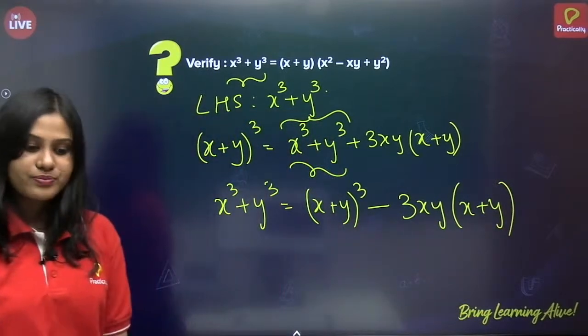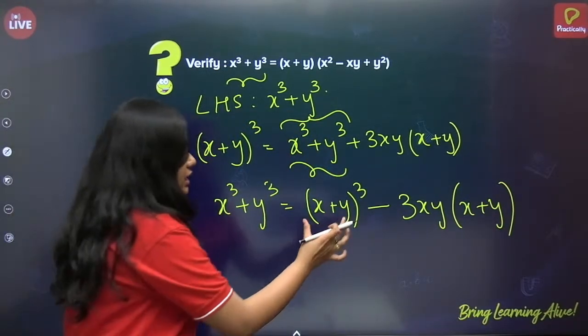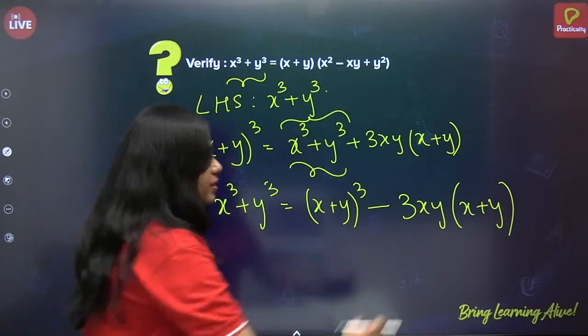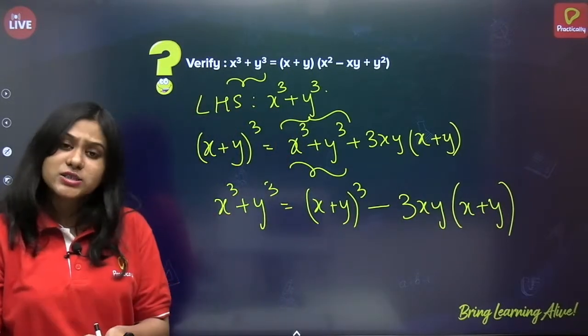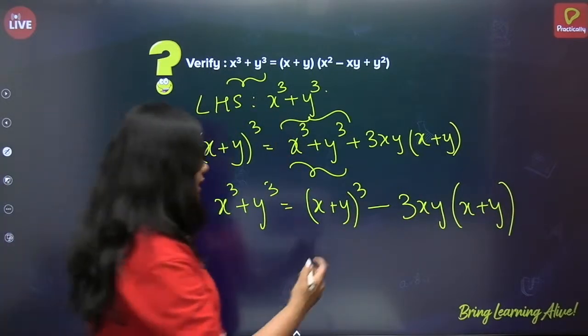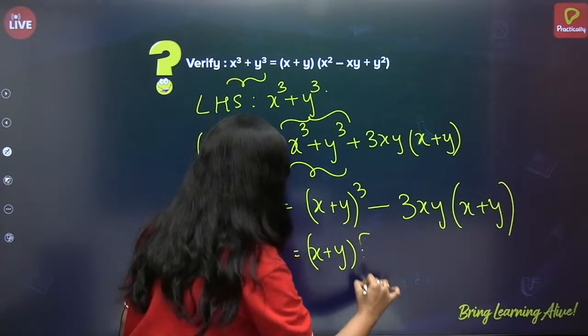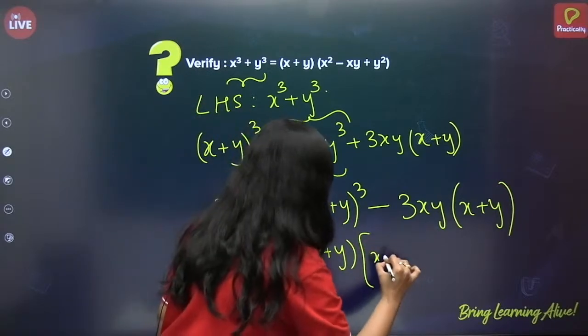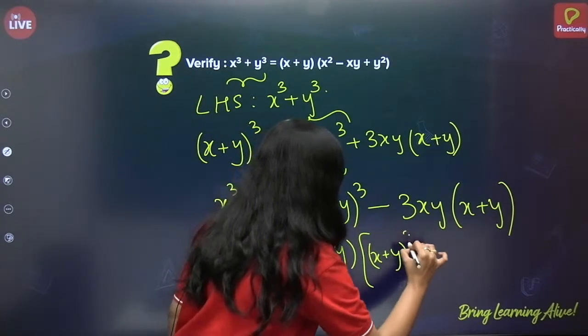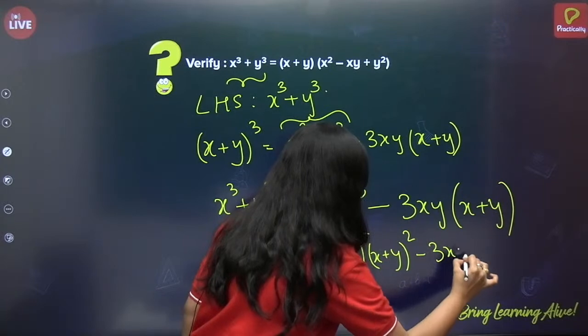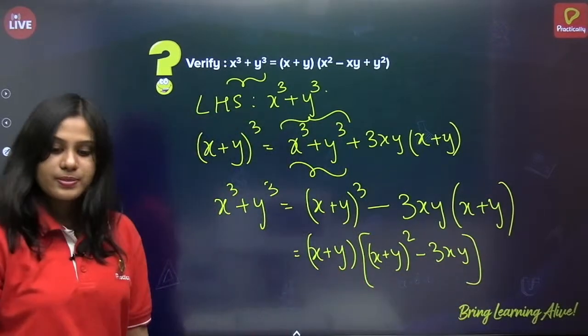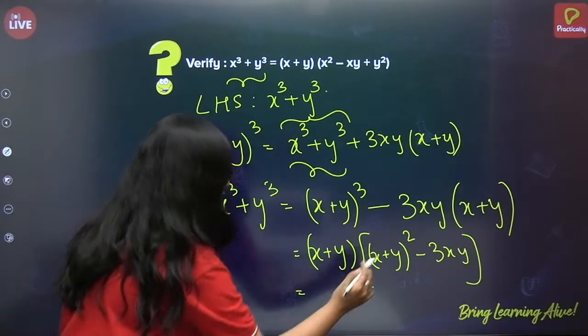Correct? Easy. Here it is x plus y whole cube, and here is also x plus y. Can I take x plus y common? Of course I can. So let me take x plus y common, and what will be left here? x plus y whole square minus 3xy. Correct? Easy, simple.